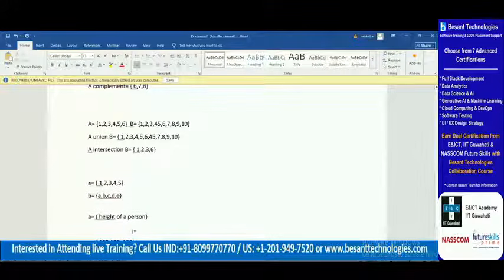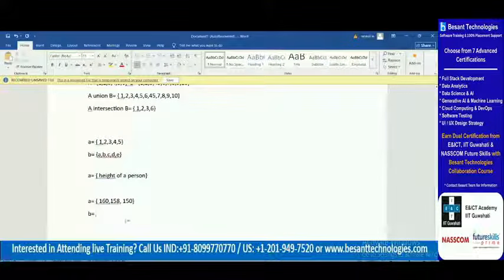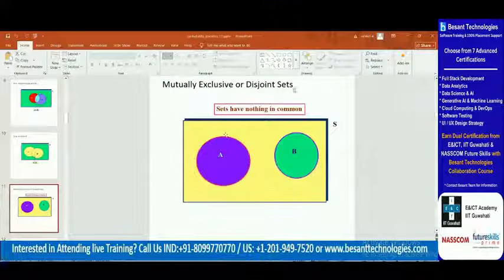But the weight of the person doesn't have dependency on the height of the person. Someone will be at a height of 160 and have a weight of 50 or 55. Okay, someone will have the same height of 160, and will have a weight of some 70 kgs or 80 kgs. So if your components of A and B don't have any dependency on each other, that can be put inside this mutually exclusive or disjoint set.